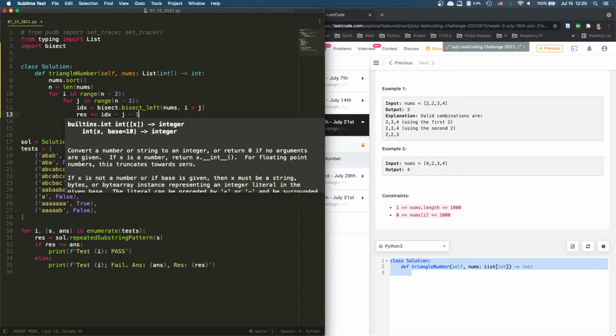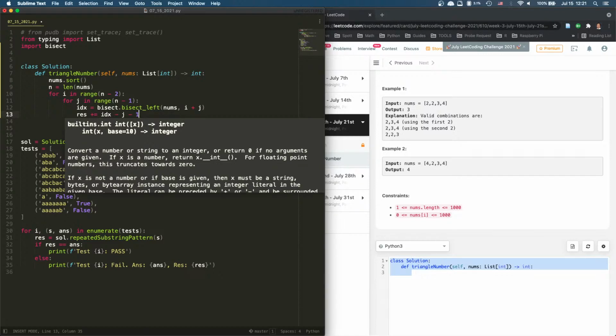Because if it's the same, let's say, then the index will be this one, right? And then if I do index minus j, that's gonna be negative though.